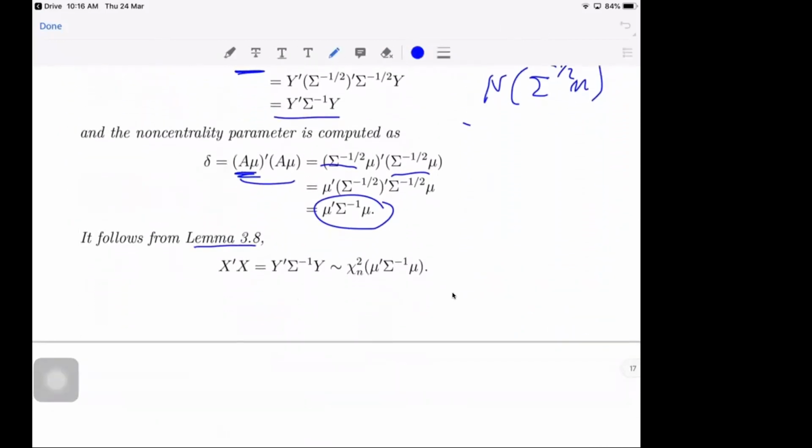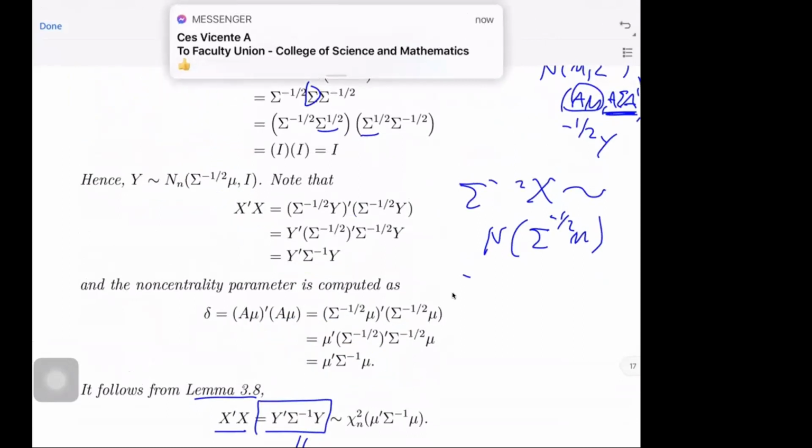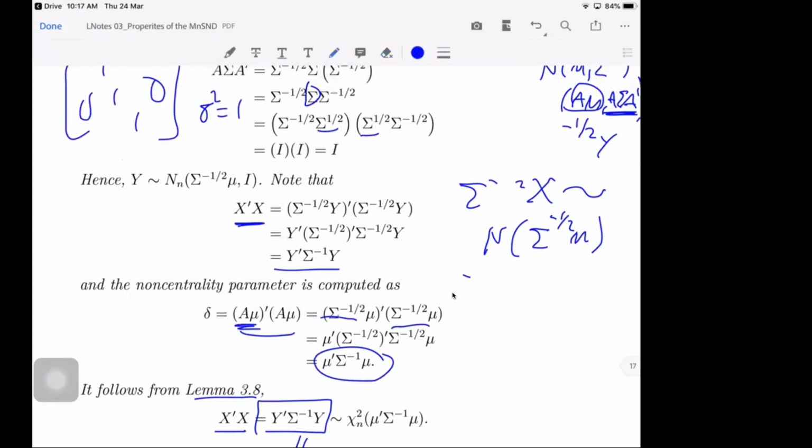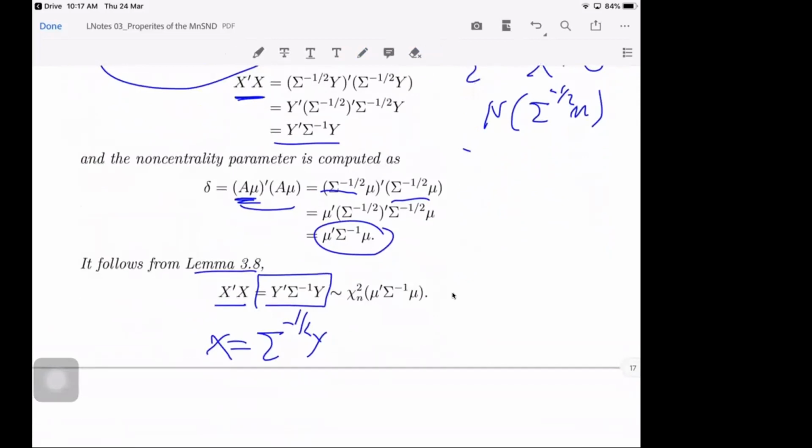So by lemma 3.8, x prime x, where x was sigma raised to the 1/2 y, and if you get x prime x, that is equal to y prime sigma inverse y, satisfies all the assumptions since it is normal with these parameters. So the quadratic form of that will be chi-square distributed, and this is your non-centrality parameter, no?